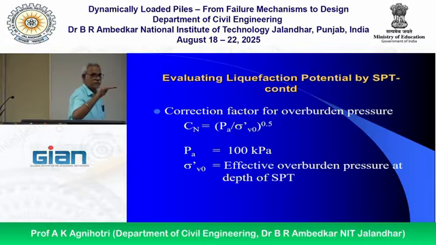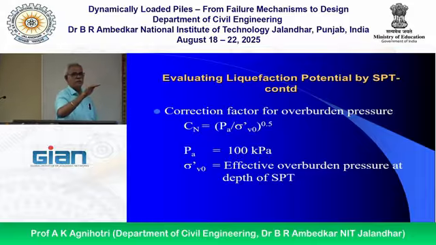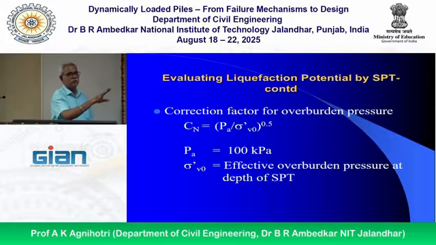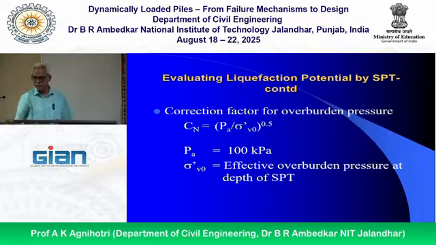Suppose SPT is conducted at 5 meters, then within that 5 meters, considering the water table, we convert gamma to gamma submerged wherever required. So that's why effective, not total: the effective overburden pressure at the level at which the test was conducted.